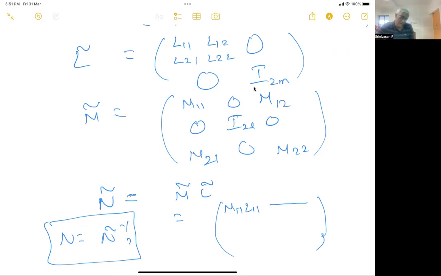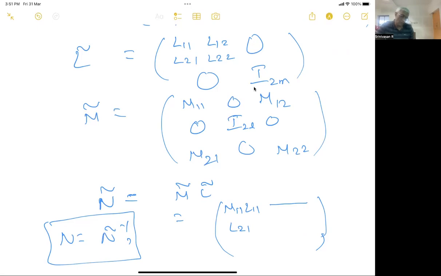So here, this block, it's going to be second row, I2L, L21, right? So I2L with respect to this vector. Third one, M21 multiplied with L11, right?